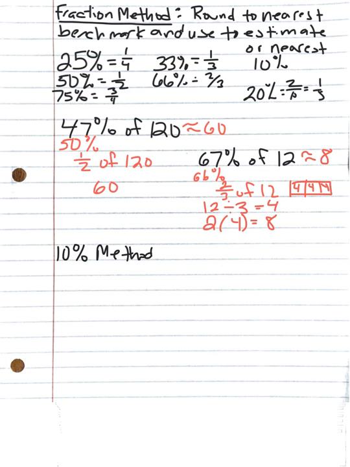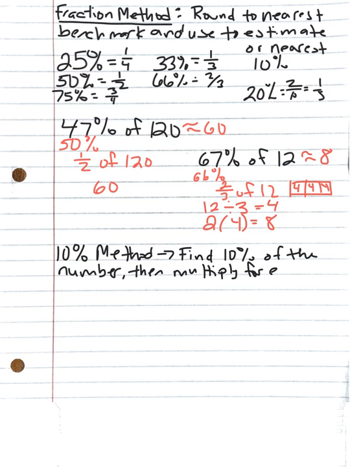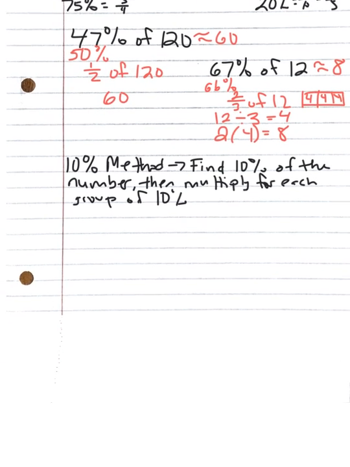In the 10% method, what we're going to do is start by finding 10% of the number, and then multiply for each group of 10%. So let's look at an example of what this would be like.